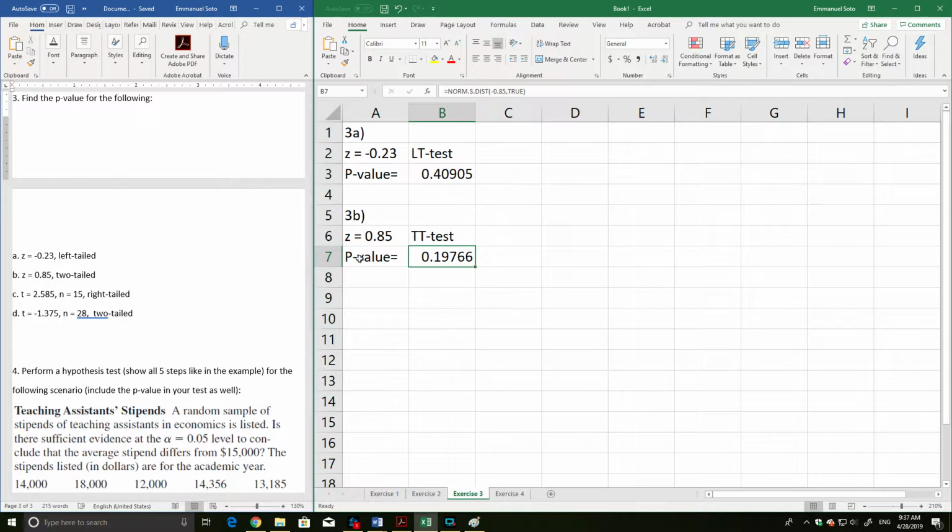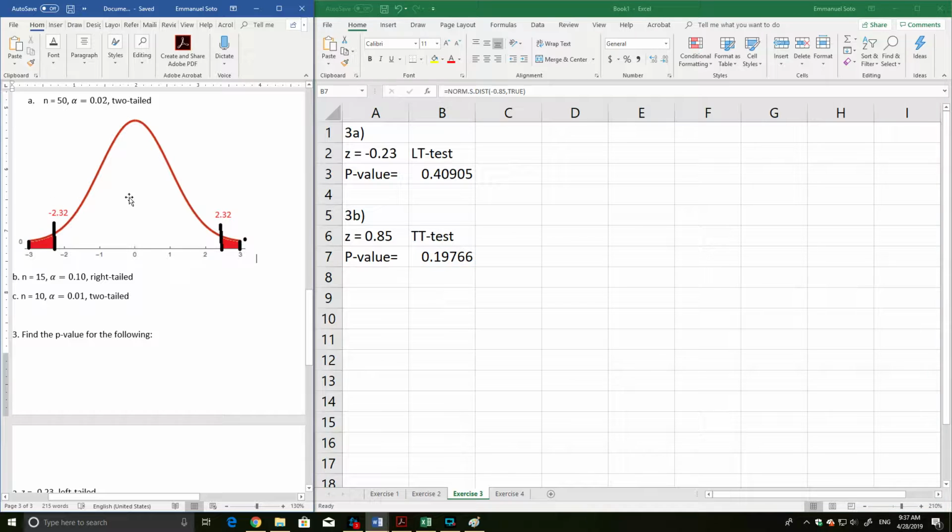Now, the reason why you're going to do the negative is because if you look at this graph here, it's only looking at the area to the left, which is this red region. So if they give you a z that is positive, like this positive 2.32, and you use the function, it's going to give you the area to the left, which is a large area, and that's not what you want. You want the small area to the left here, or the small area to the right.